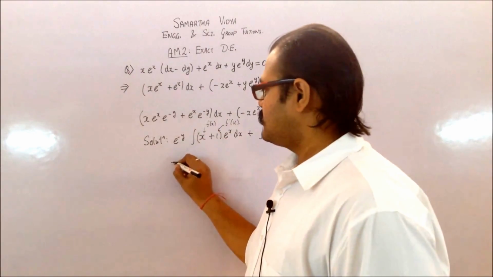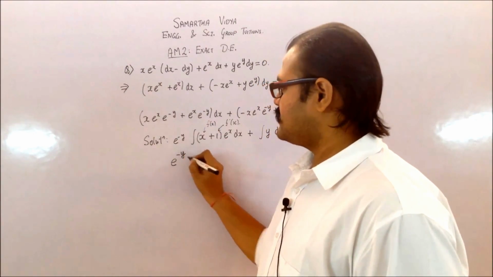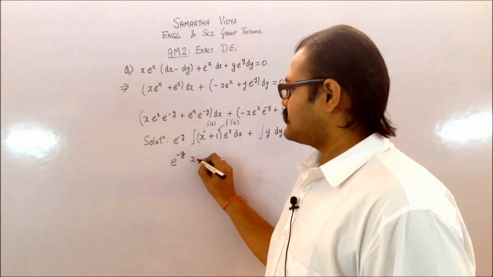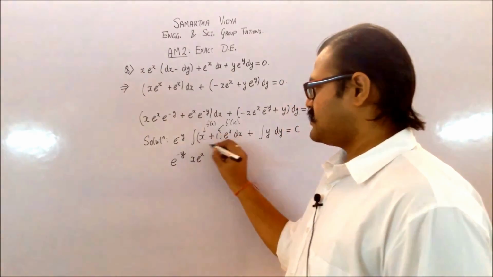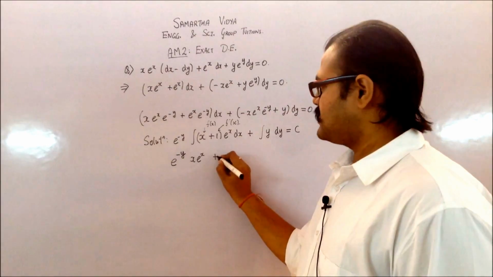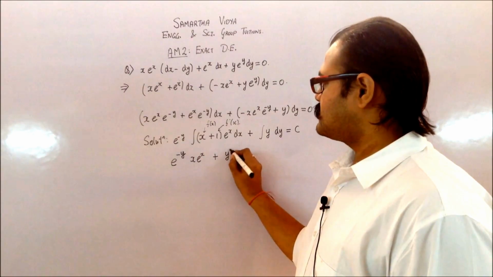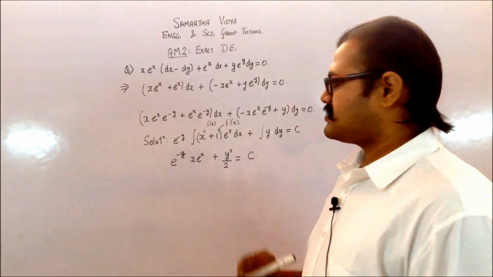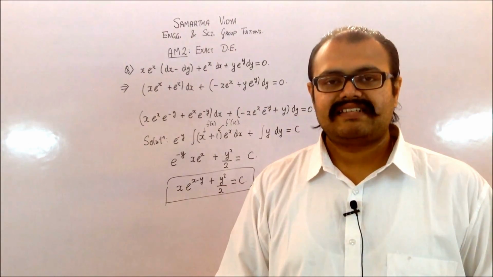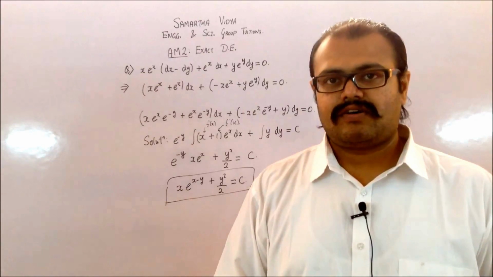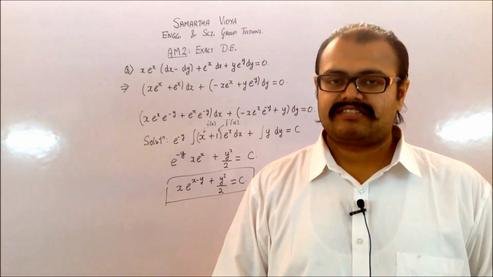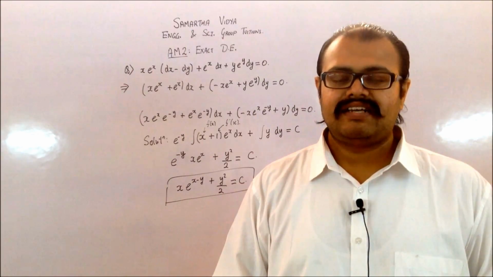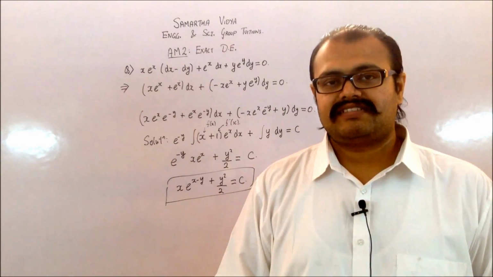So that is why after solving this you will be getting this directly as x into e raised to x as the integration of this, plus it's going to be y square. So y square by 2 is equal to some constant. So this is how you will be basically solving the first two rules, or identifying the first two rules and solving them accordingly. We'll be seeing the next two rules in the next video.